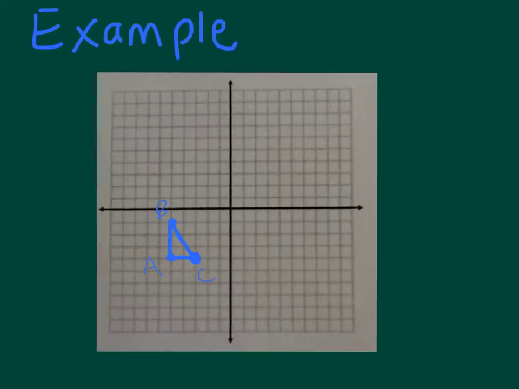So let's look at an example. We have a little blue triangle, A, B, C, and we are going to translate it. Remember, this is an example of a translation. So let's take that triangle and move it up and over.